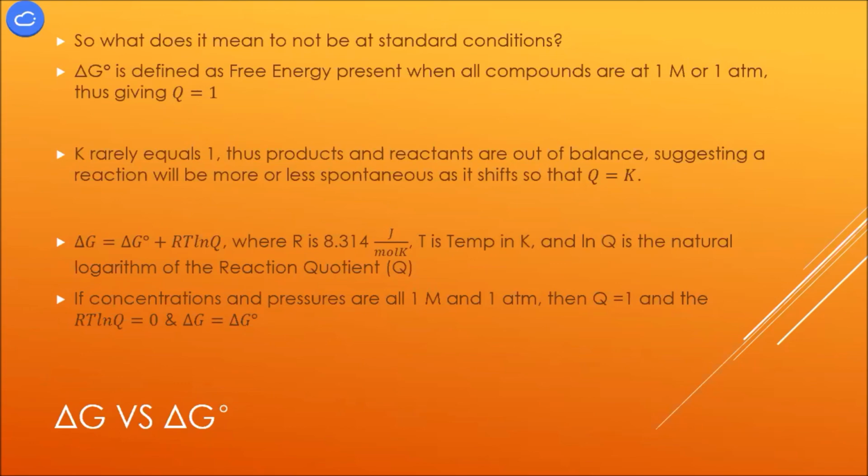We're going to use the non-standard conditions because the products and reactants are rarely perfectly balanced. They're actually usually very out of balance. And so this suggests that a reaction will be more or less spontaneous until Q shifts to K. Until the reaction reaches equilibrium, the reaction will be very much so out of balance.